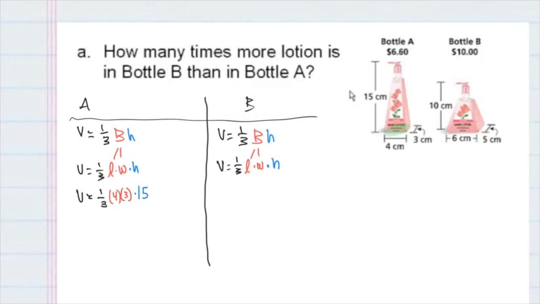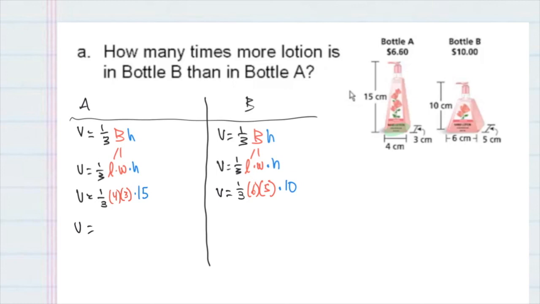Bottle B, we have volume equals 1/3, and the length for that one is going to be 6. The width is going to be 5, and the height is going to be 10. Then we do our multiplication. So we have 1/3 times 4 times 3 times 15.